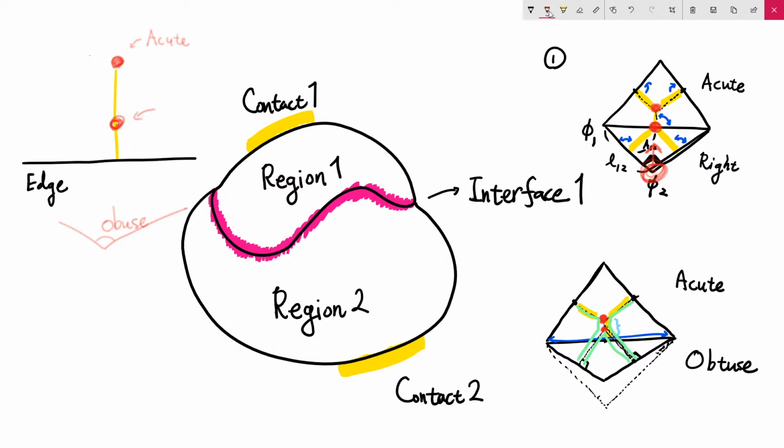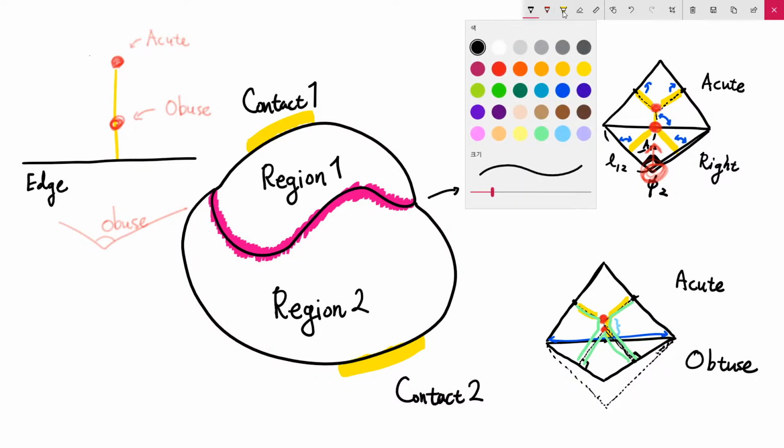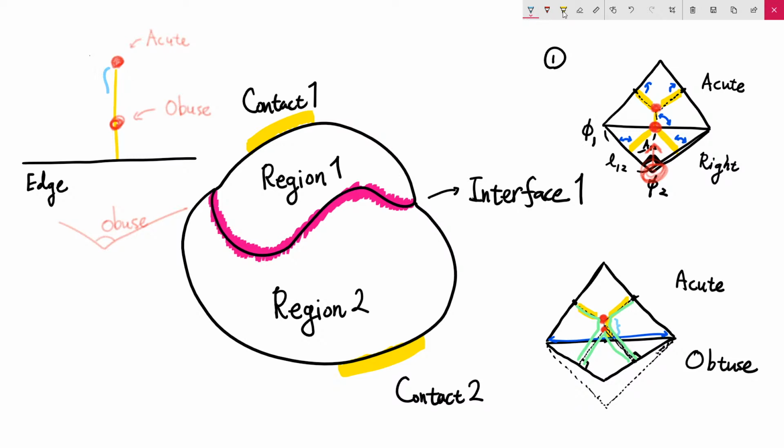Okay, here we have the circumcenter of our obtuse triangle. Then for this edge, the black colored edge, we have to consider only this length as the meaningful area for this edge.